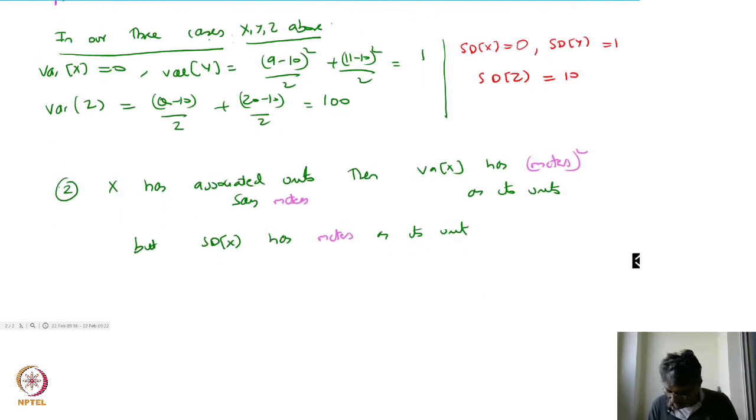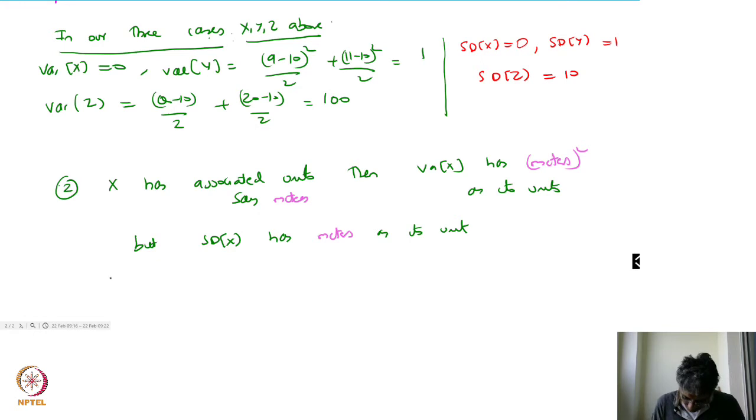Therefore, what one could do is the following. Let's say mu is E of x, the mean of x, and let's say sigma is SD of x. Standard deviation is denoted by sigma.